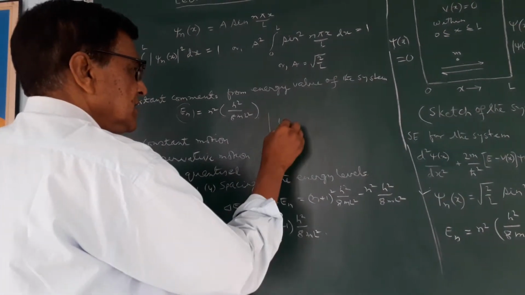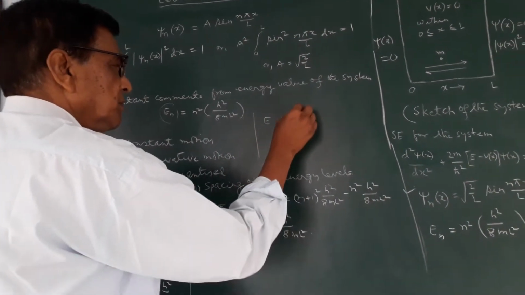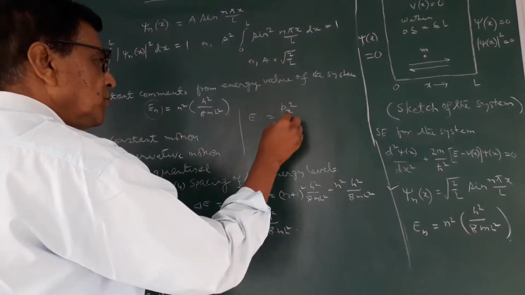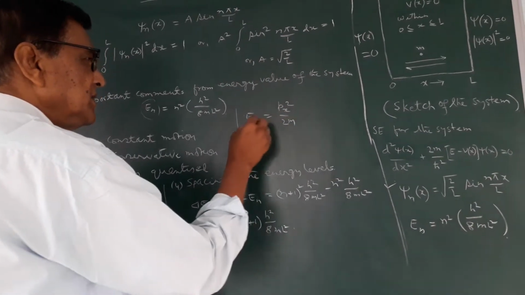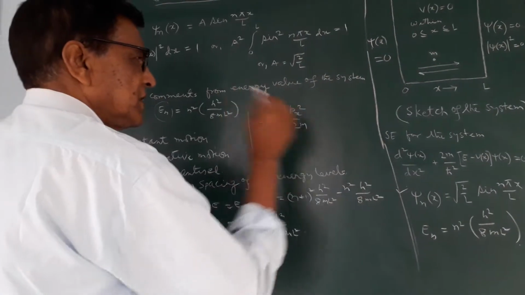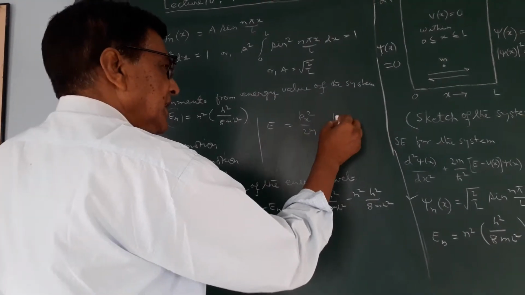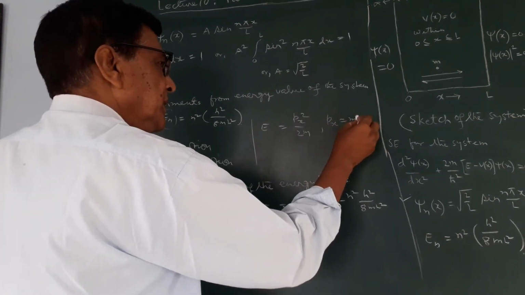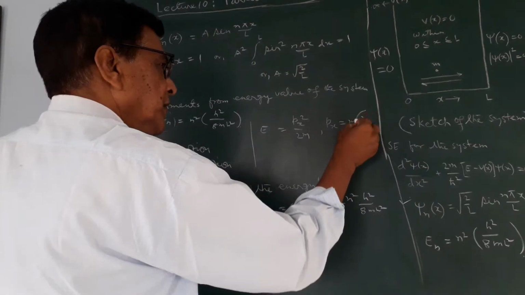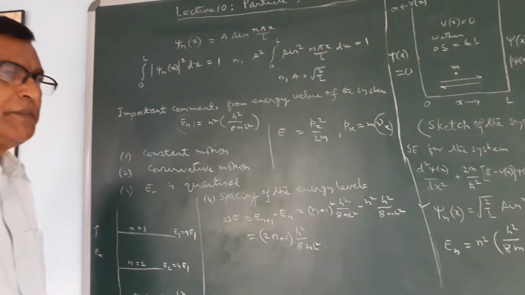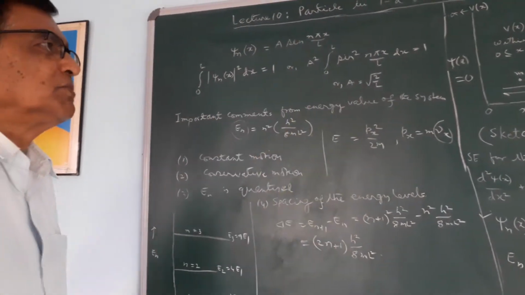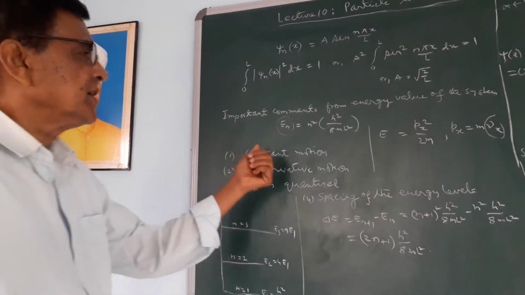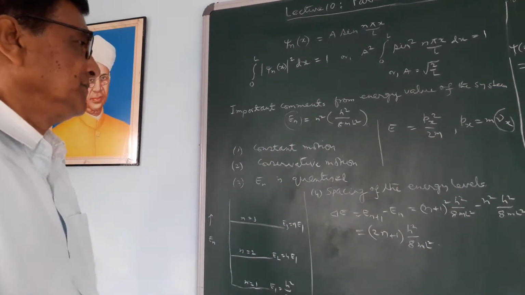And this energy equal to px square divided by twice m. Energy remains fixed means px remains fixed and px equal to mvx, so vx is also fixed. This means the particle is moving with a to and fro motion with constant speed.